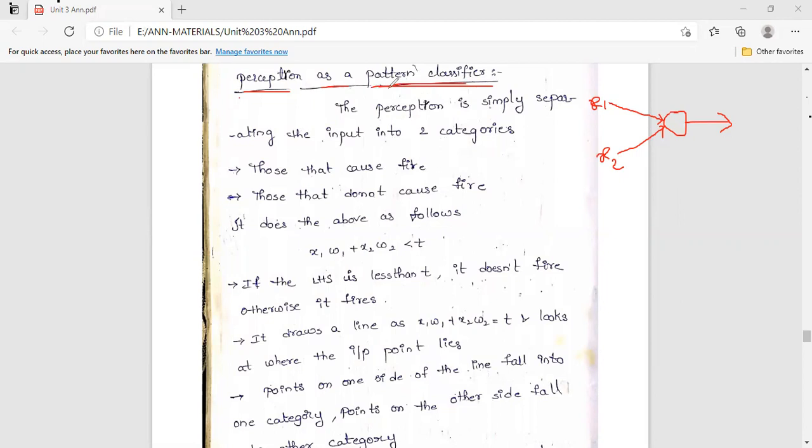Coming to pattern classifiers: what is a pattern and how are we going to classify those patterns? For example, here we have some group of data. This is one data point, this is some other data, and this is one more.